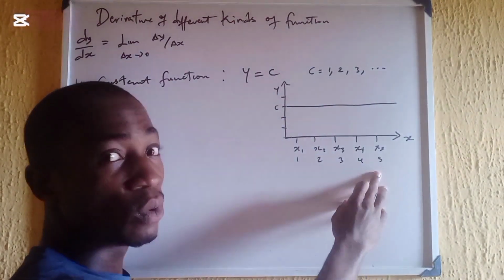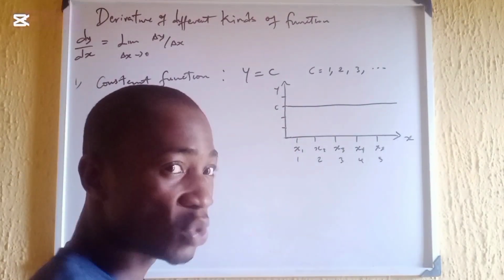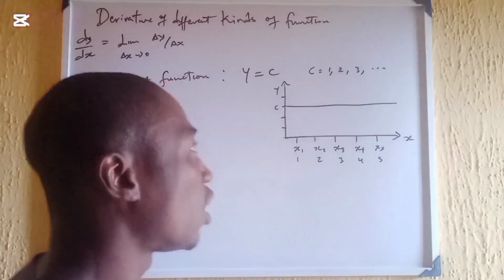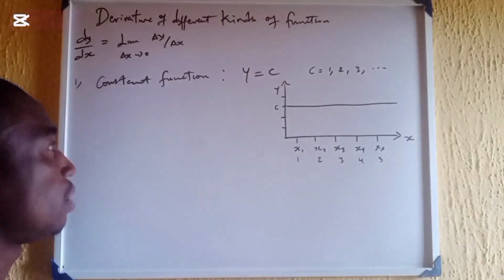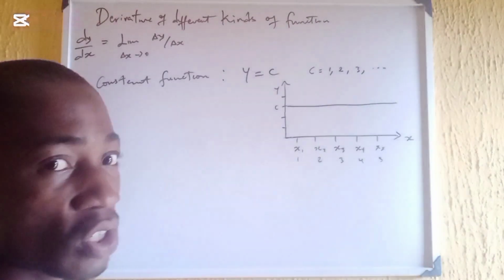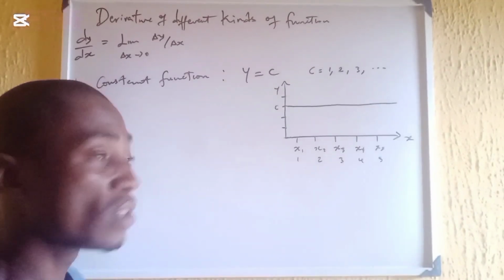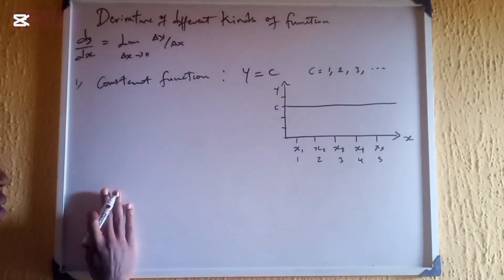When x is 5, we also had c. So the function does not change with x. That's why it's called a constant function. My c here can be 1, can be 2, can be 3, or any number. But once you pick the number, it doesn't change with changes in x. It's just constant. So how do we find the derivative of a constant function?